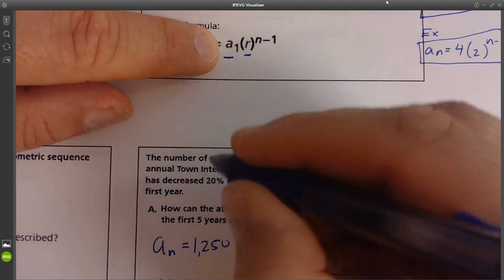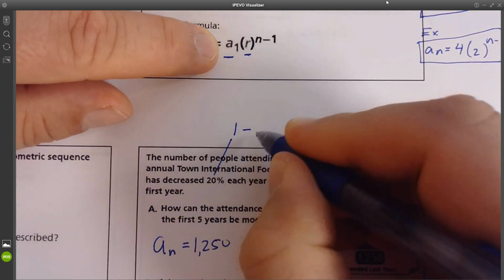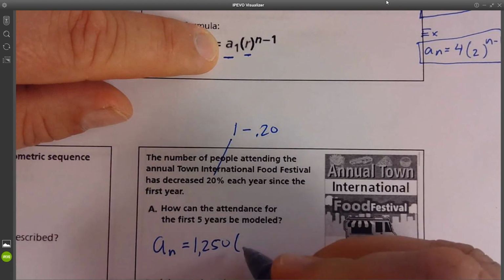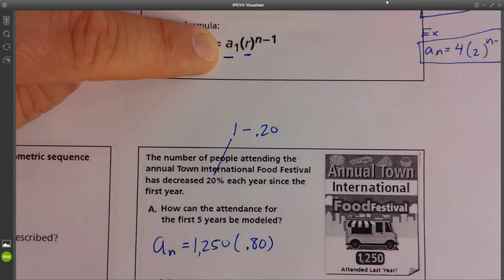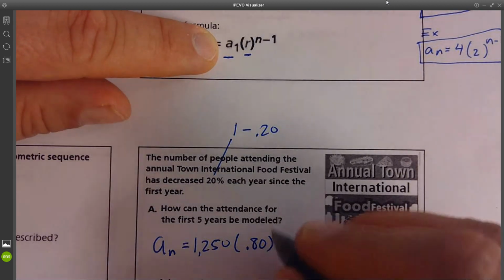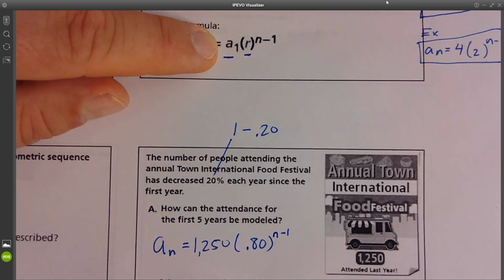That's really the 1 minus the 20% is that rate. So really we're keeping 80%. I don't really need that 0 there, but I like it to kind of illustrate that it's 80%. And then it's going to be raised to the n minus 1. So there's our model.